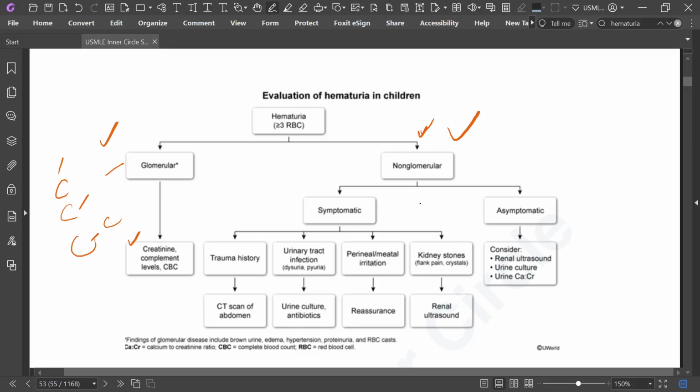In non-glomerular hematuria, you should look at whether it is symptomatic or asymptomatic. If it is asymptomatic, consider renal ultrasound, urine culture, and urine calcium to creatinine ratio.